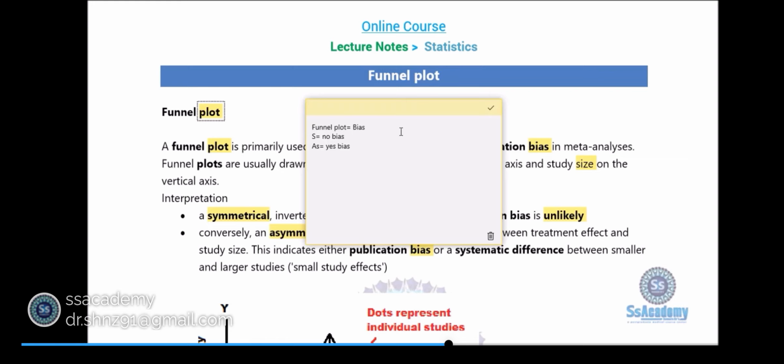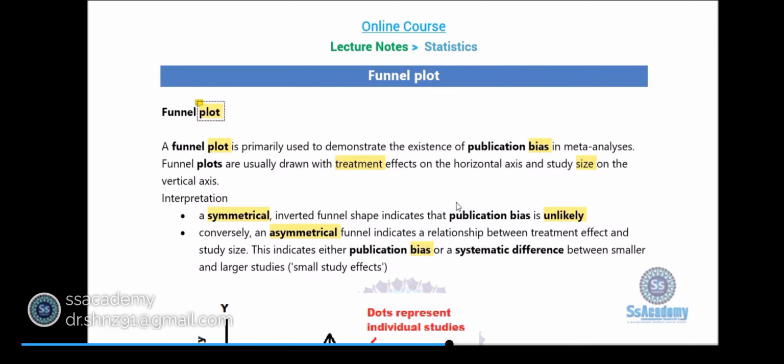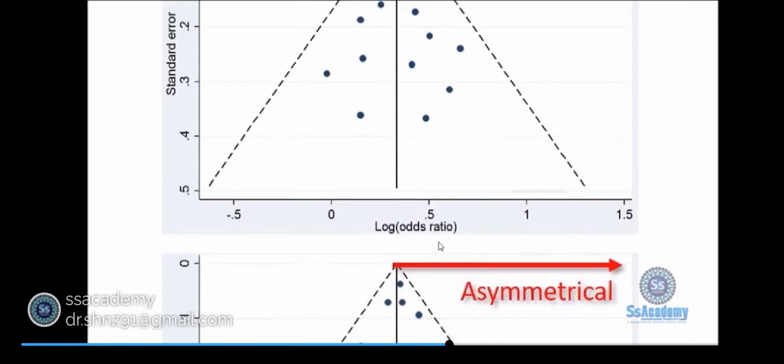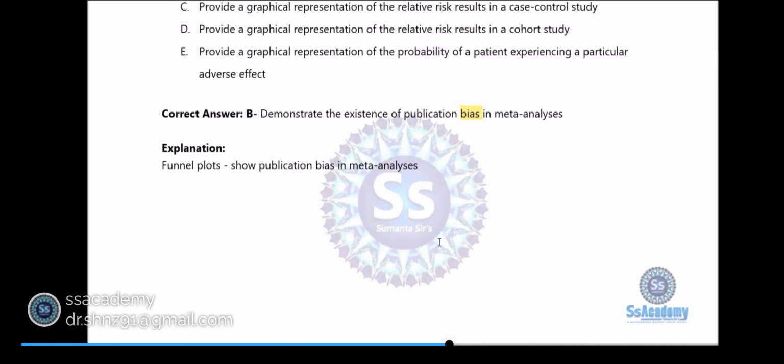These are the three important things we need to remember. The funnel plot shows the publication bias in the meta-analysis.